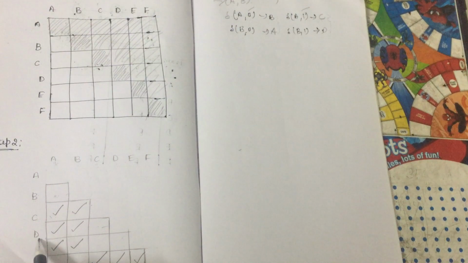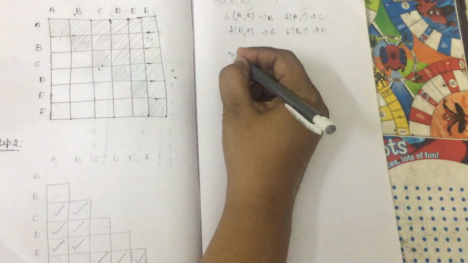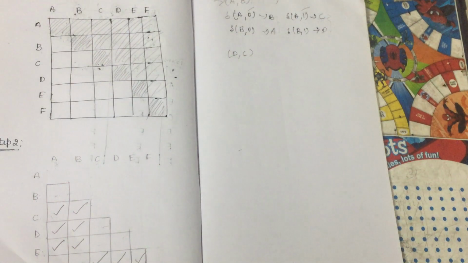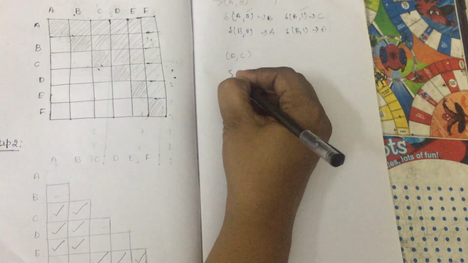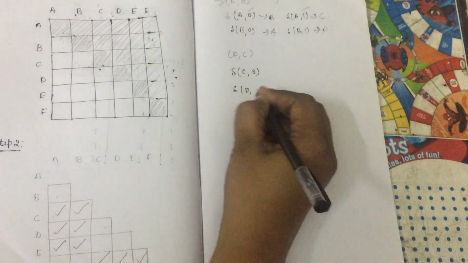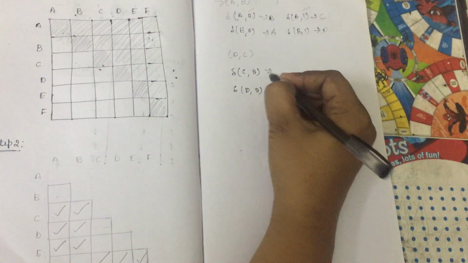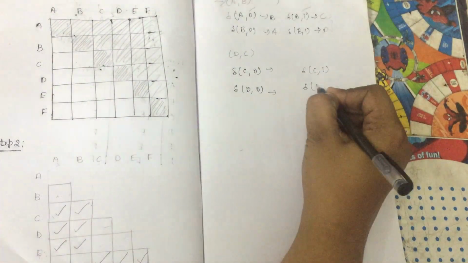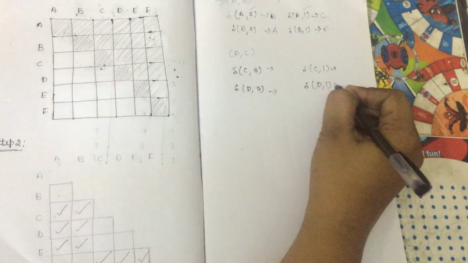Now coming to the pair D comma C, or C comma D. Now find the transition function delta of C comma 0, delta of D comma 0. Similarly, delta of C comma 1, delta of D comma 1.